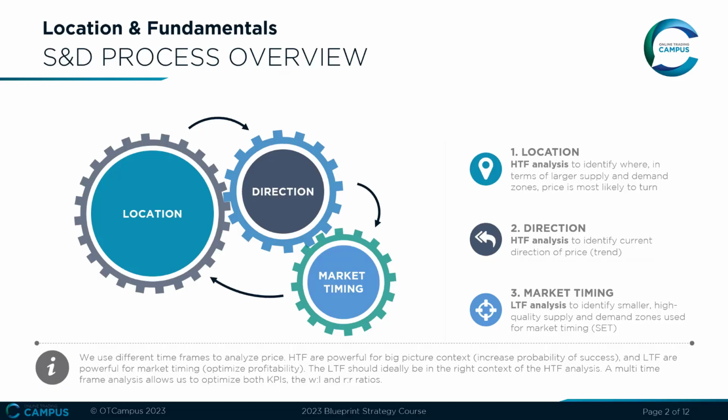As I mentioned before in previous lessons, not all supply and demand zones will be zones that we actually use for market timing. We can also use supply and demand zones as bigger context analysis. What do I mean by bigger context analysis? When we do a big picture context analysis, what we're basically trying to do is increase the probability of success.